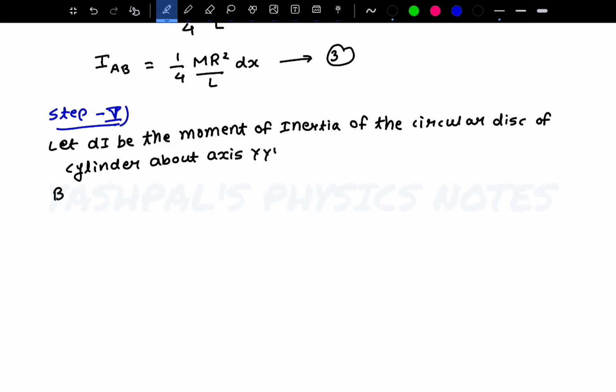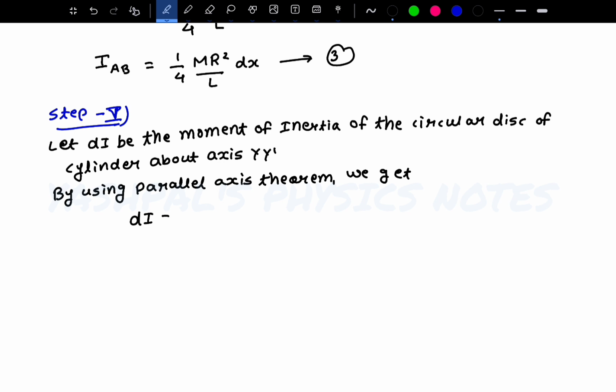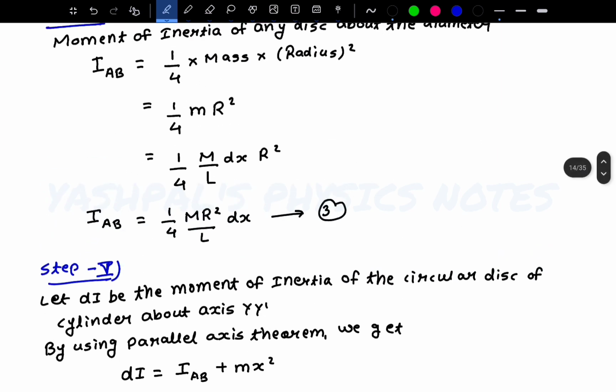So here I am writing, by using the parallel axis theorem we get, first I am going to write here dI, which is the moment of inertia of the circular disc about the y dash axis. Formula is I AB plus m x square.